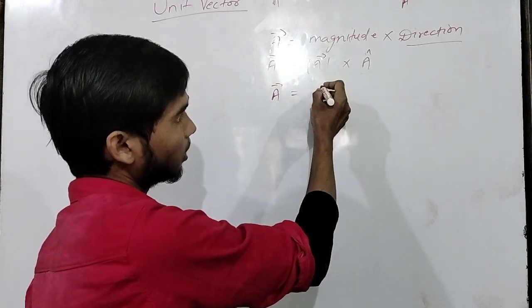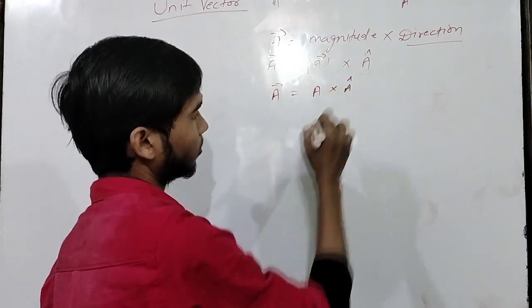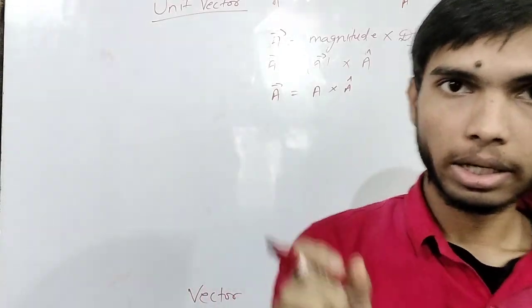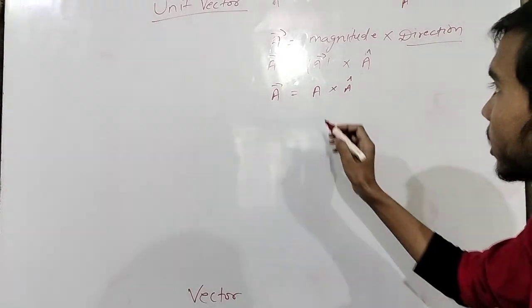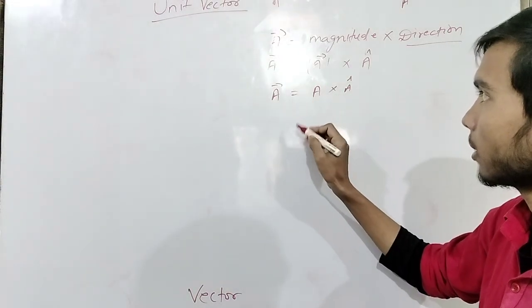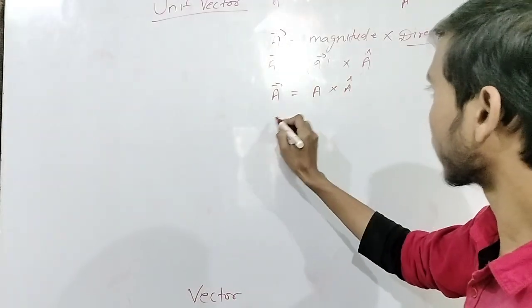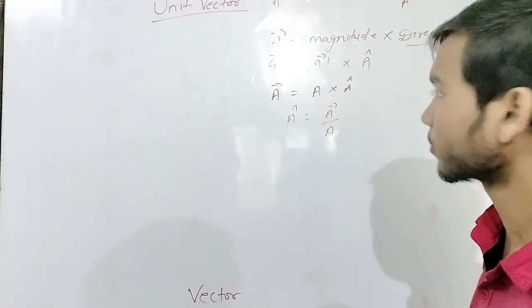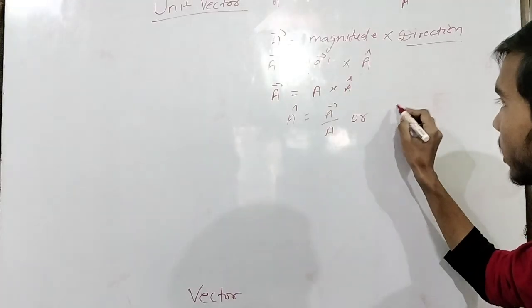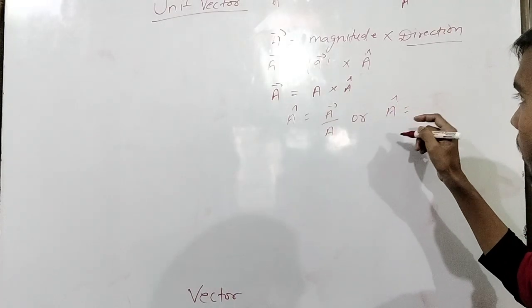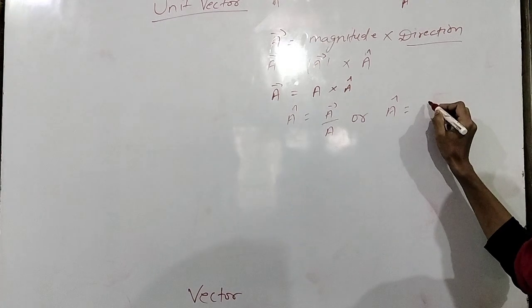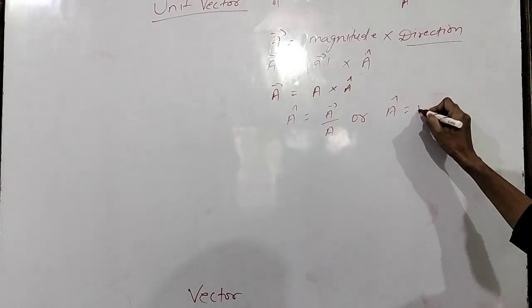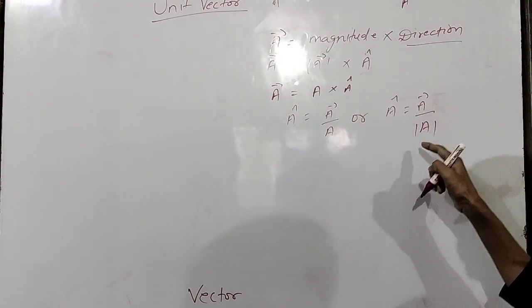Now it can be written as vector a equals magnitude of a multiplied by a cap. This is the equation. From this you can get a cap is equal to vector a upon magnitude of a.